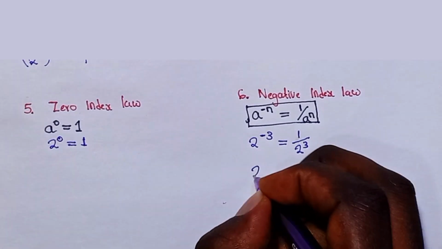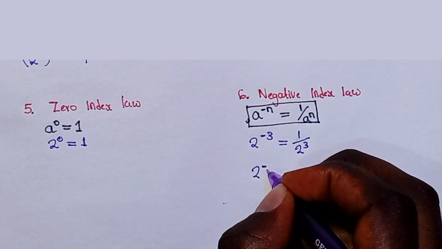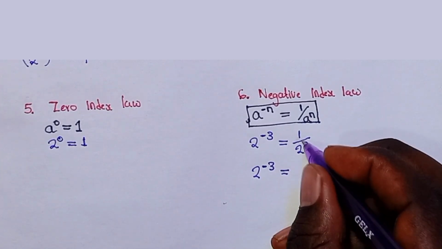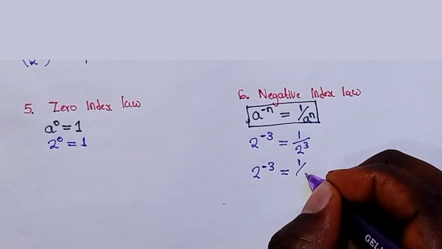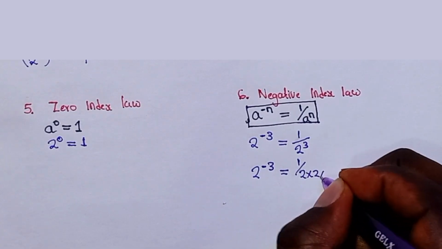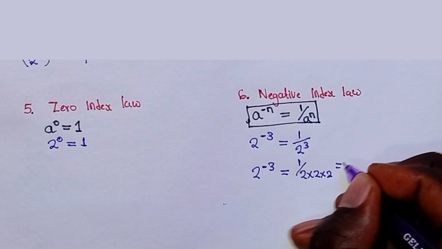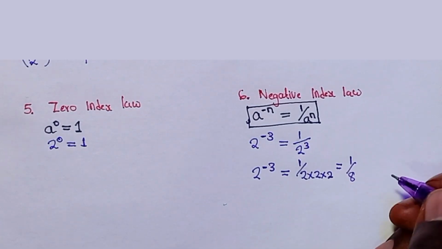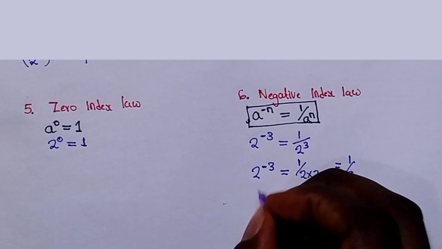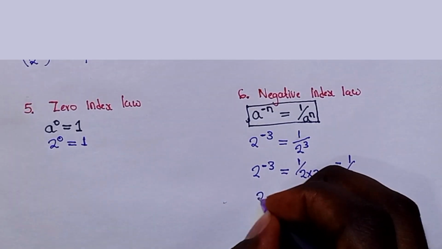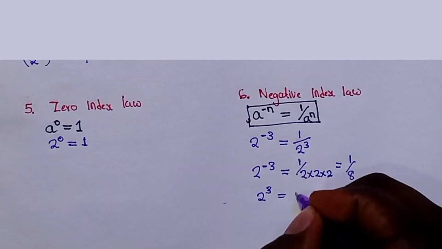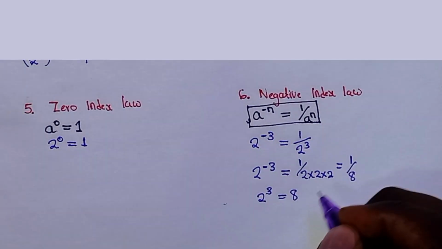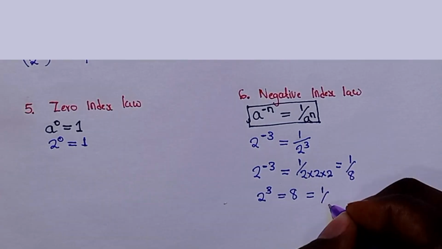So for example, you have 2 to the negative 3. This is the same as 1 over 2 times 2 times 2, which is equal to 1 over 8. Or you can just ignore the negative, and we are going to have 2 cubed, which is equal to 8. But don't forget, this negative means it is in the denominator, so we are going to have 1 over 8.